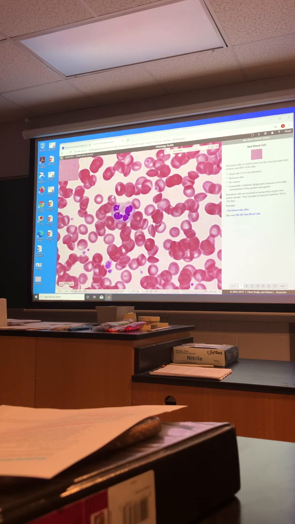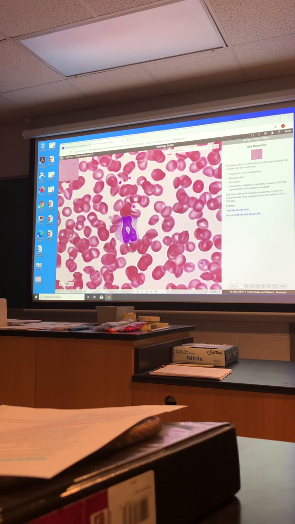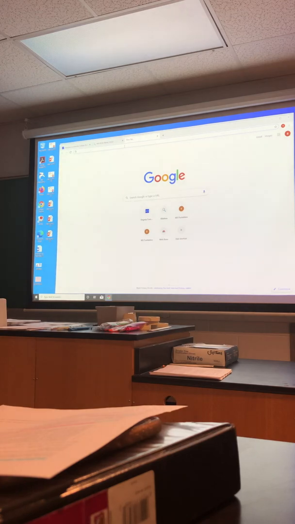All right, let's go to 5A and B. Tell me this large leukocyte, and if you have 20% of these in a differential count, what might that indicate? So that's 5A and B. Close your eyes.